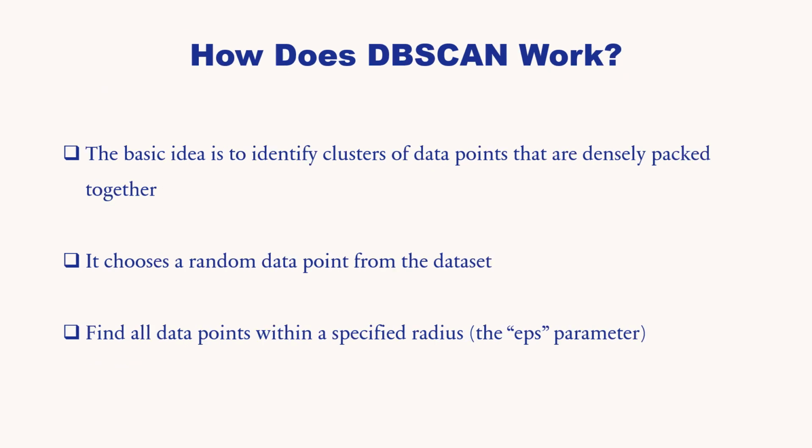So now we're going to go into how the whole thing works. The basic idea of DBSCAN is to identify clusters of data points that are densely packed together. It chooses a random data point from the dataset, and then it finds all data points within a specified radius. That is also known as the epsilon parameter.